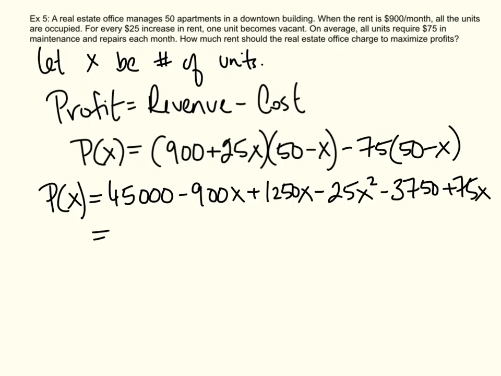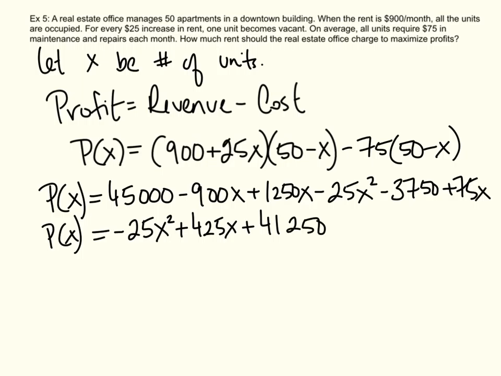Okay, so just to collect like terms, we're going to get negative 25x squared plus 425x plus 41,250. Okay, and we want to maximize our profit, so take the derivative. We'll get negative 50x plus 425, set it to 0.